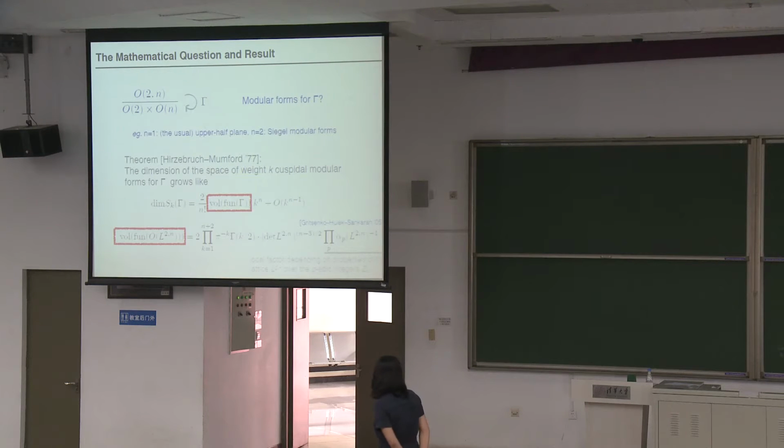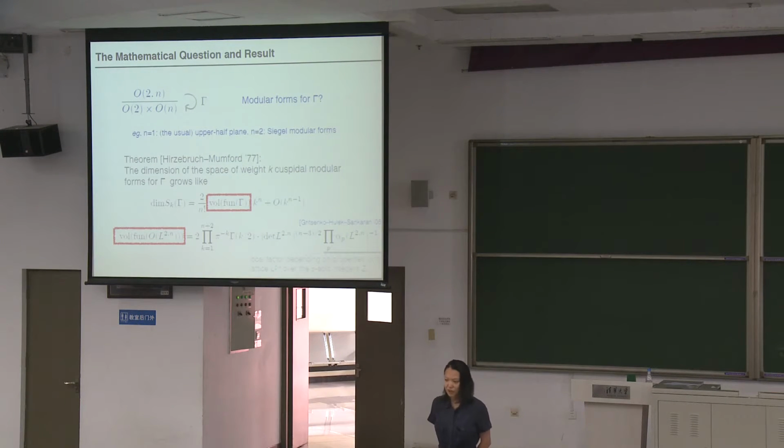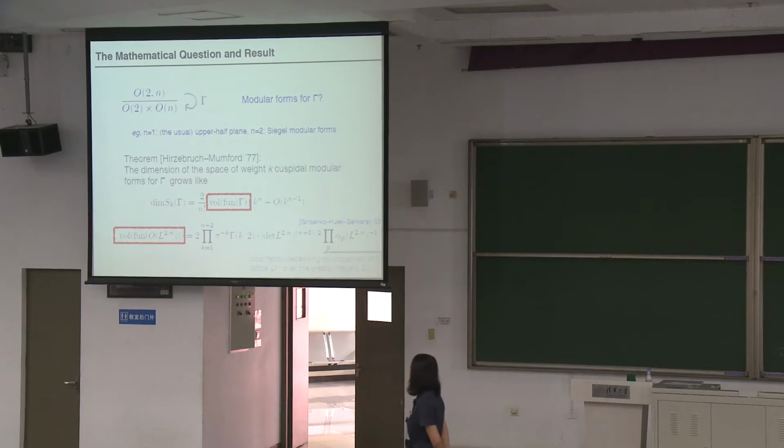Well, these modular forms are supposedly important mathematically, for instance, for the study of Lang's program, Lang's conjecture. But much less is known about these modular forms, but we have this growth formula that applies very generally to these, which says that the dimension of modular forms of this group grows polynomially with the weight.